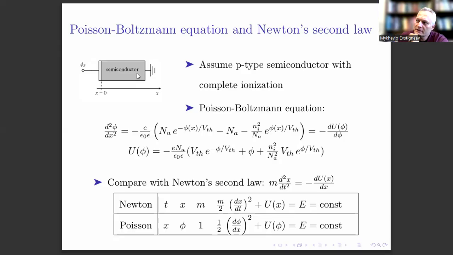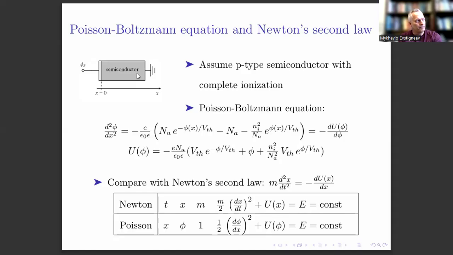And epsilon is the relative dielectric constant of the material, or relative permittivity, which in semiconductors has a typical value of around 10.